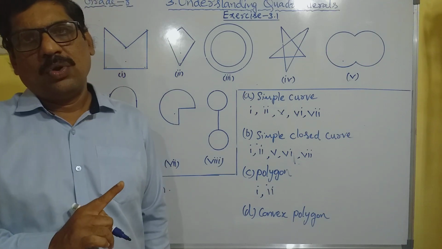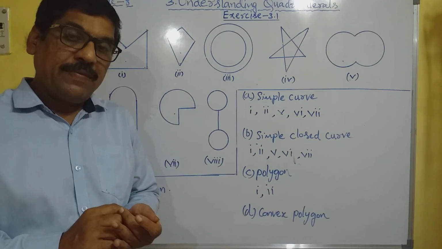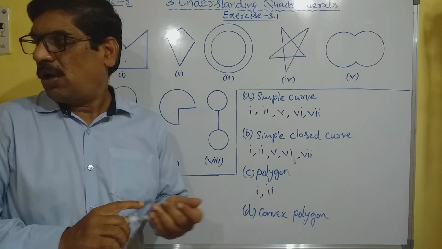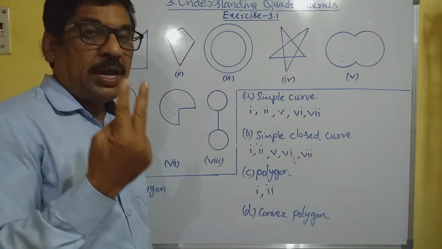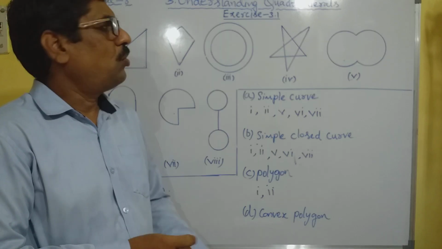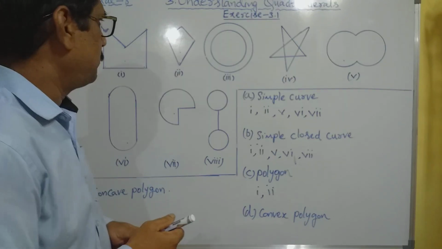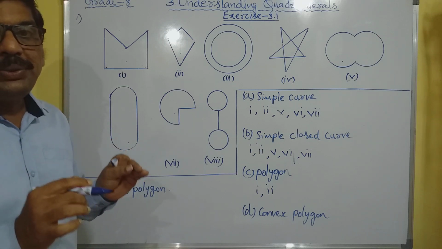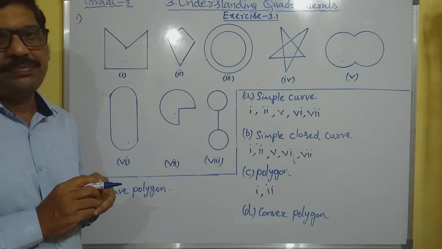Convex polygon. We can check whether the given polygon is a convex polygon or a concave polygon in 2 different ways. So let us go with the first one first. Whenever you have a polygon, you try to draw a diagonal.